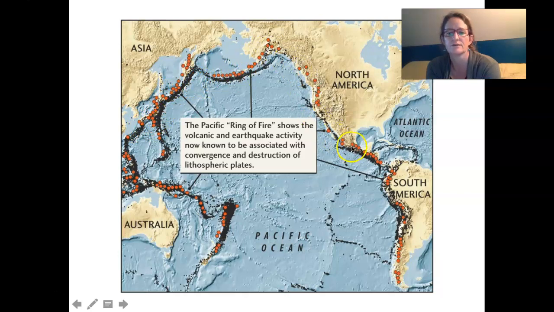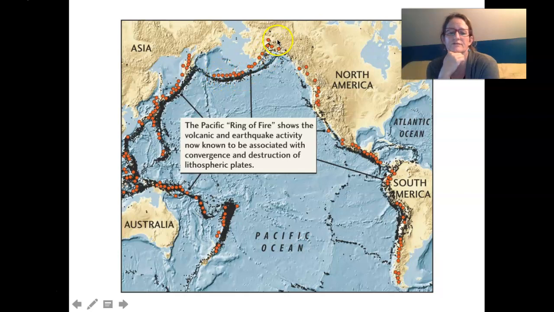So we have a lot of volcanoes over here in North America, lots of volcanoes down in Central America, and all along the Andes in South America, throughout New Zealand and the island nations in the South Pacific, up through the Philippines and Japan and into Russia, and all along the Aleutian Island arc here off of Alaska.